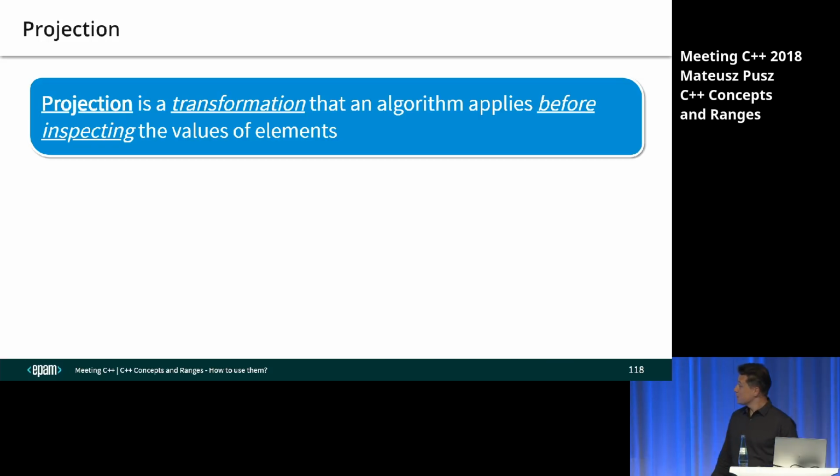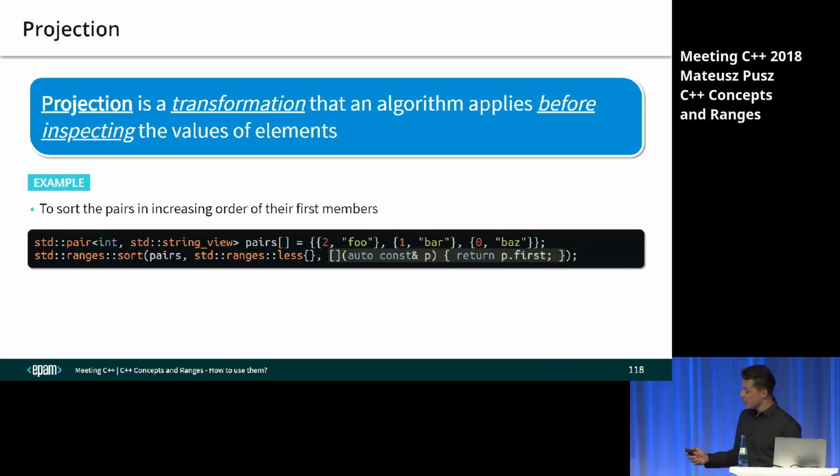Another new thing here are projections. A projection is a transformation that an algorithm applies before inspecting the values of elements. For example, if you want to sort pairs by first argument, we run fully qualified std ranges sort on our pairs.